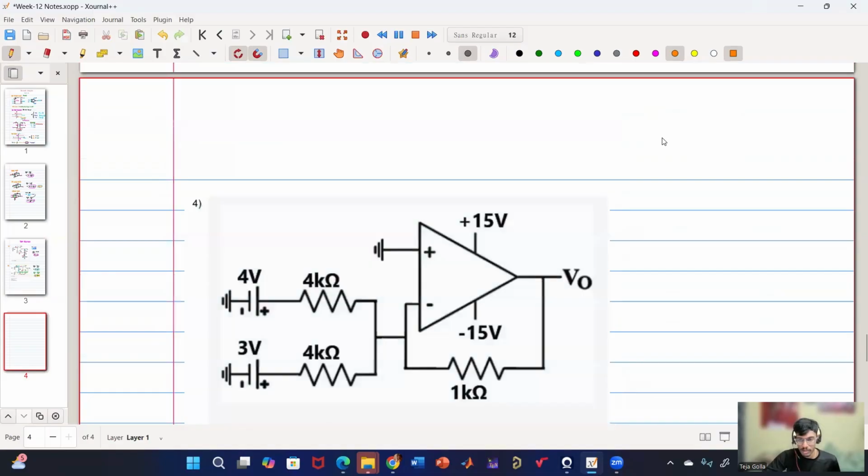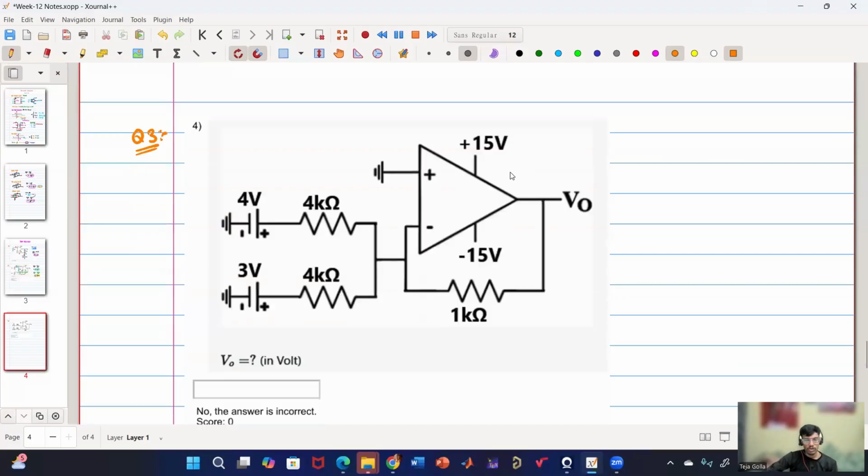Okay. So this becomes our question 3. Any idea how to solve? Any initial thoughts? Any guesses?